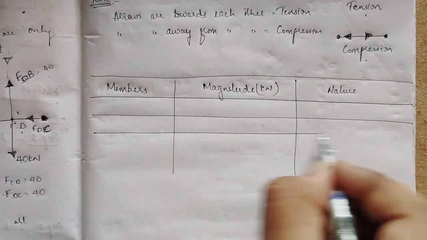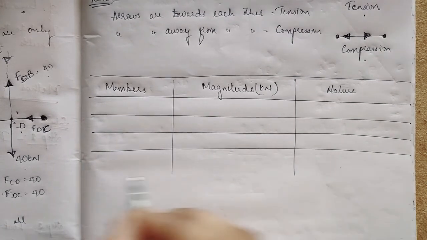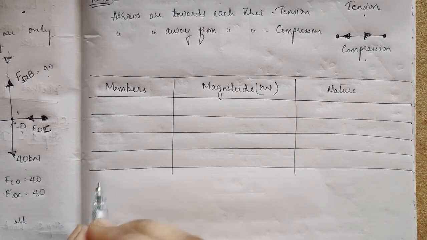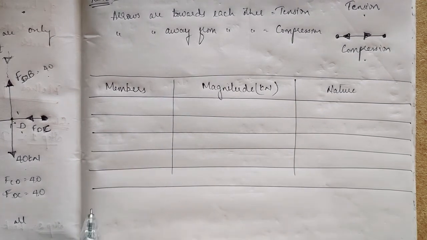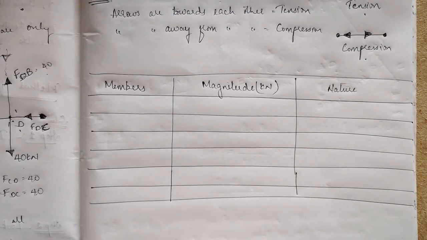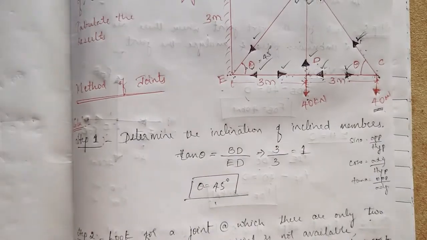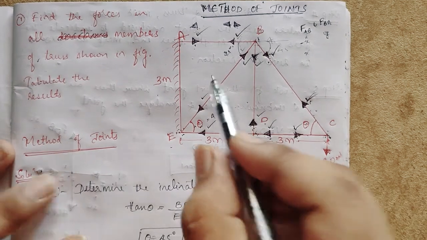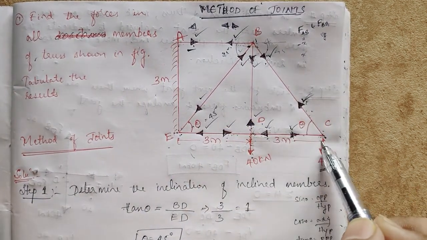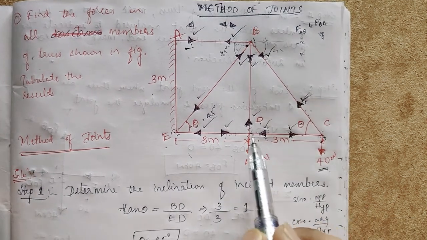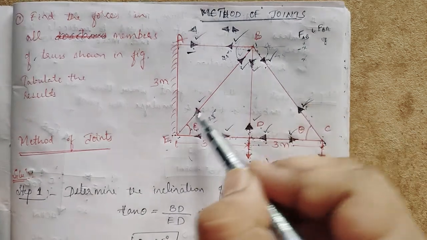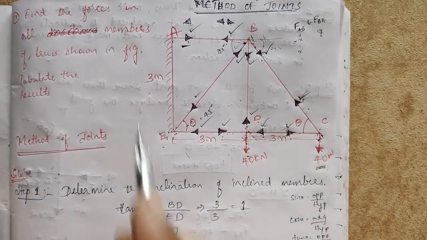So how many types of forces are there? How many members we have? 6 members we have. I'll tell you one by one. Okay, now see here, what are the members? We have AB, okay, BC, CD, DE, EB or BE, then BD.